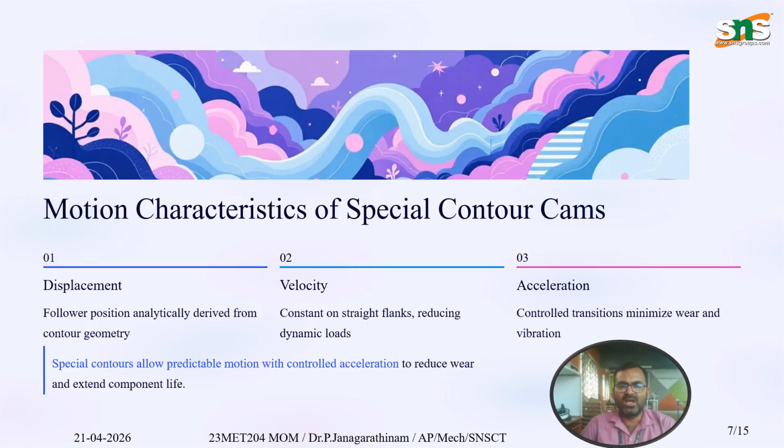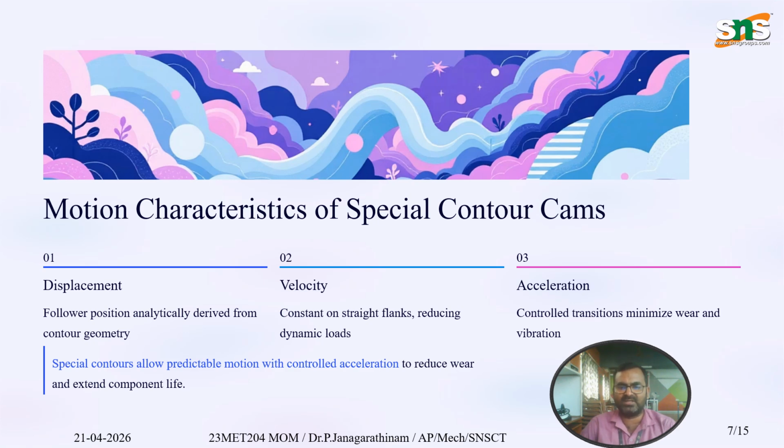So these are the motion characteristics of special contour cams. Displacement is the change of distance with respect to time. The follower position can be analytically derived from the contour geometry. Velocity is the rate of change of displacement with respect to time.